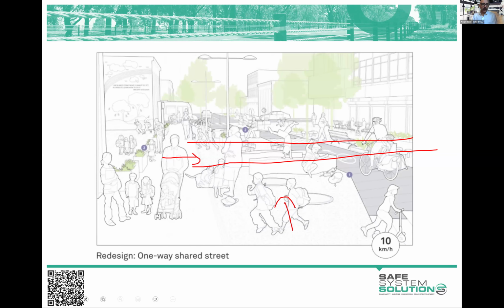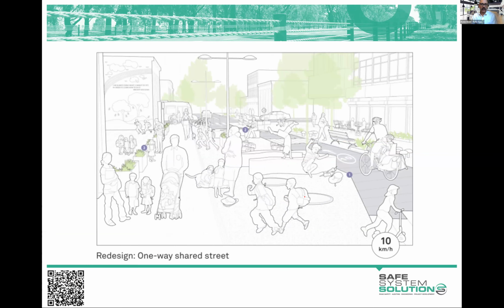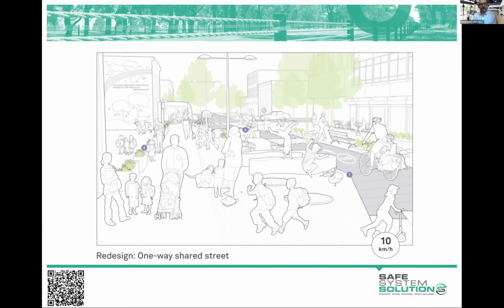Now, I put up here just again, these are artistic impressions, so take it all with a grain of salt. But you can see that if you are creating place for people out of those sorts of environments, you're really trying to either pedestrianize the whole area or increase the area for pedestrians to hang out, to trade, to socialize, to interact. Now, this one, it's got a sort of a pedestrian crossing there.